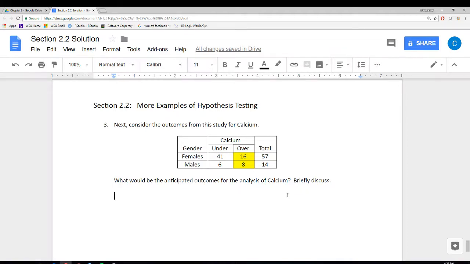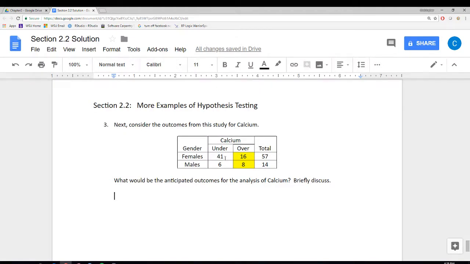And that's pretty close to a 50-50 scenario there for the males. On the other hand, for females, the expected number would again be about half of the 57, so right around 28 or 29 females should be over, and around 28 or 29 females should be under. However, this data is suggesting that there aren't nearly as many females that are over the calcium intake as under.